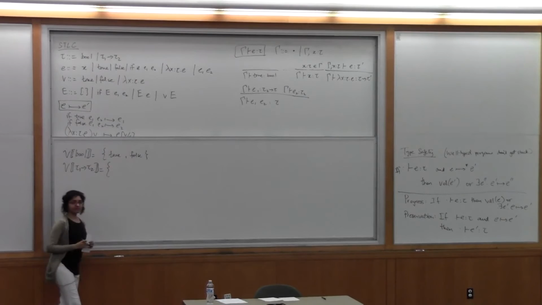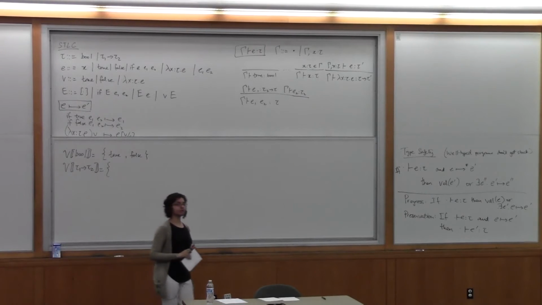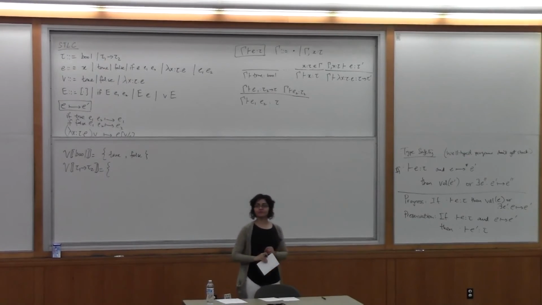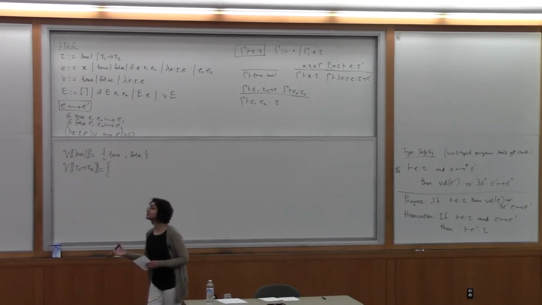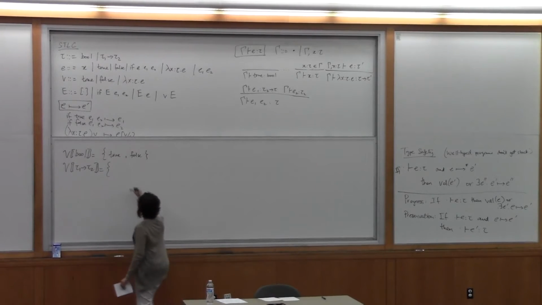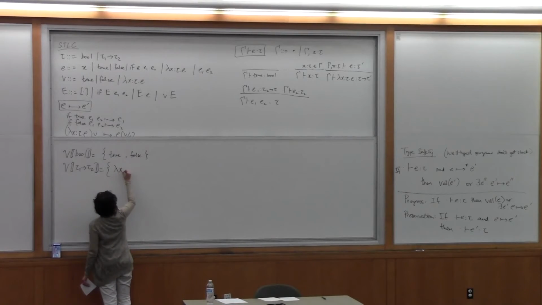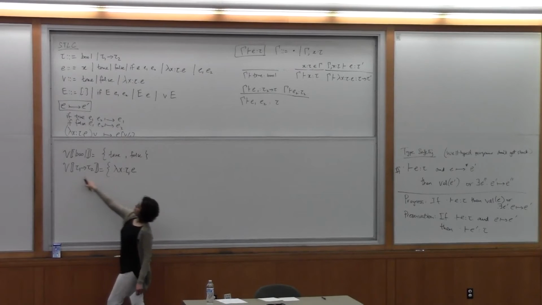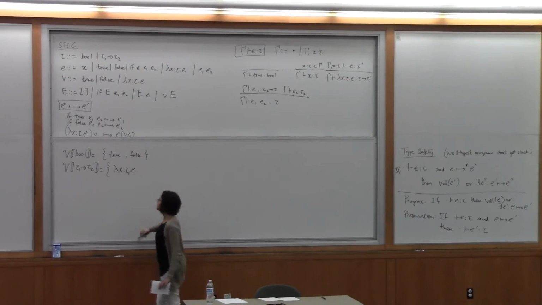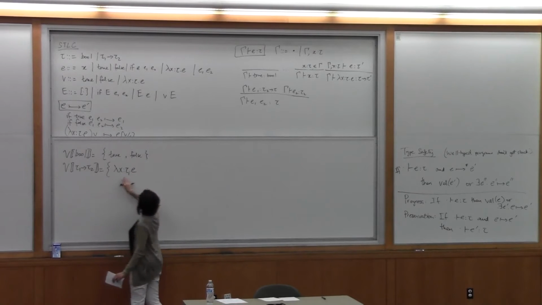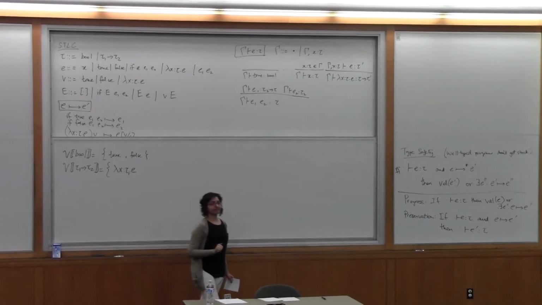What values look like they have type tau 1 arrow tau 2? Lambdas? Lambdas with some x and some. Right, so some sort of a lambda, right? And this should be a tau 1 so that it matches this, right? This is simply typed lambda calculus. I have an annotation on my lambdas. I'll leave it there. Okay, so lambdas look like they have that.